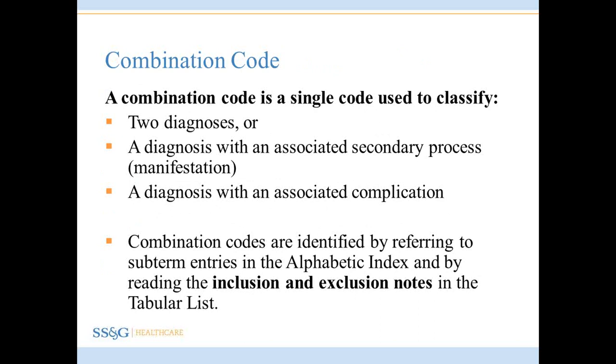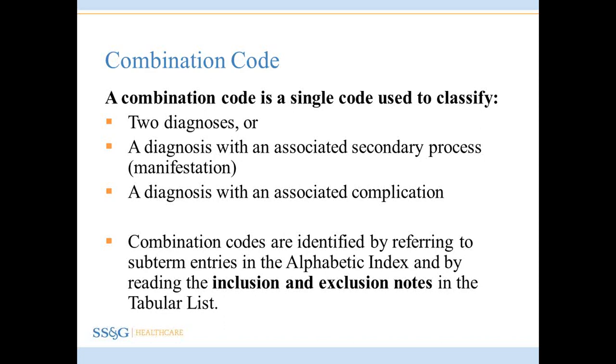Then now we have combination codes, and we have a few, but now they're much more combined in ICD-10. A combination code is a single code used to classify two diagnoses, or a diagnosis with an associated secondary process or manifestation, or a diagnosis with an associated complication.